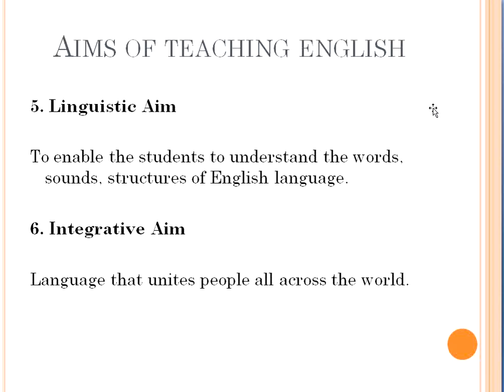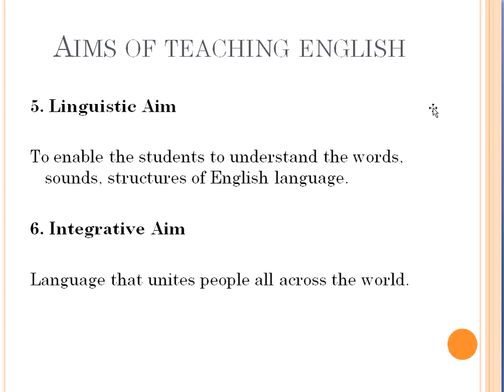Now what is the next one? The next one is the linguistic aim. What is the linguistic aim? To enable the students to understand the words, sounds, structures of English language. So we understand that language is a system, isn't it? And English language is also very systematic. Why? Because it has its own sounds, its own words, its own structures.